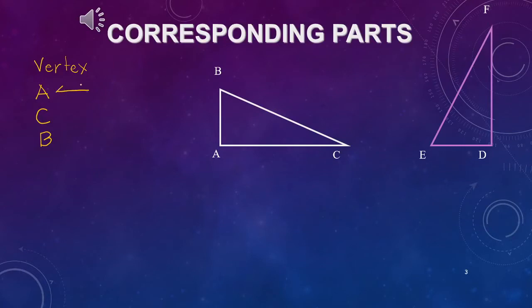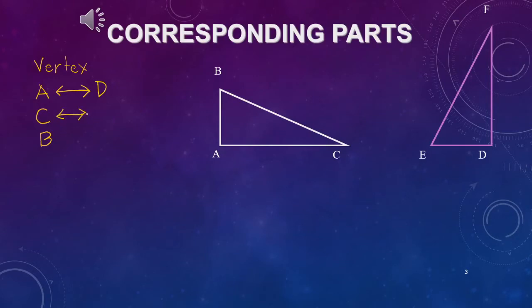This is our symbol for corresponding. So this is A corresponds to. Now, what is the partner of A in our second triangle here? Is it E, is it F, or is it D? D, sir. Okay, A corresponds to D. What about the vertex C?